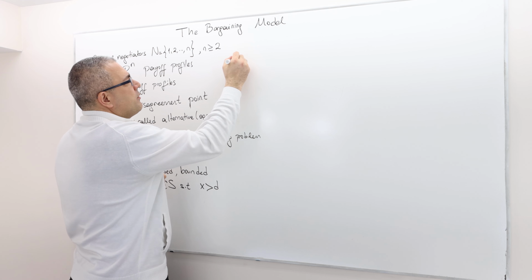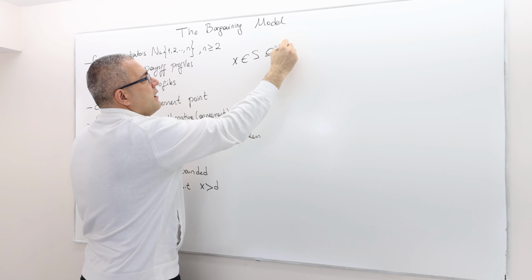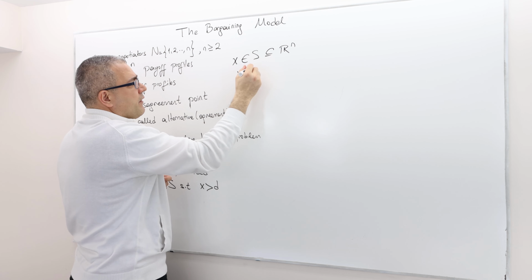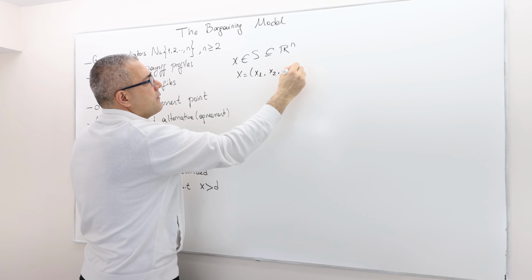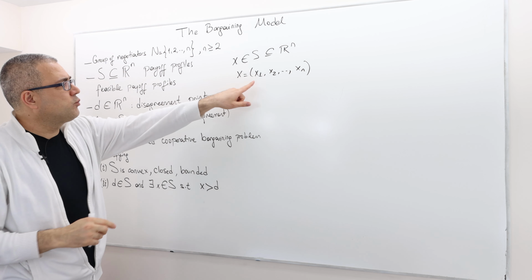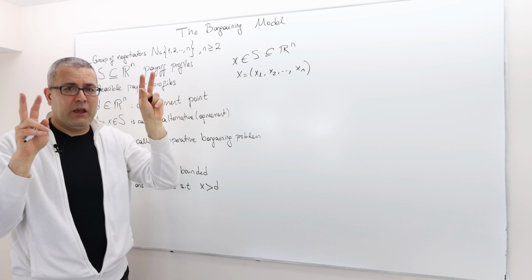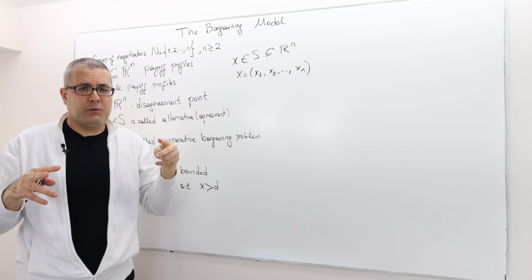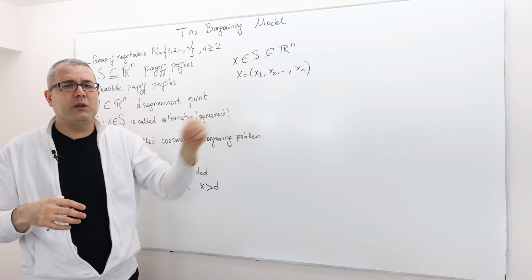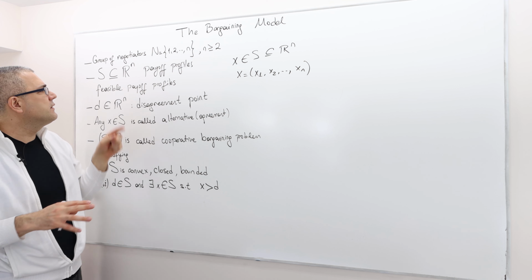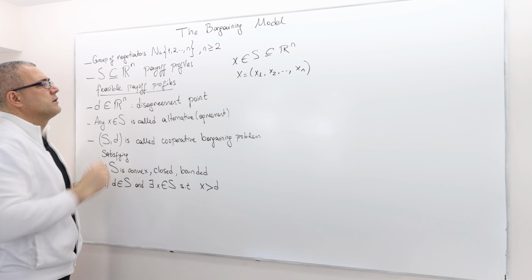So if, for example, x is in S, which is a subset of Rn, well, that basically means x is a vector. It has how many? N many components, all right? And so x1 corresponds to the payoff of player 1, x2 corresponds to the payoff of player 2, xn corresponds to the payoff of player n, etc. Or utility of player 1, utility of player 2, etc. All right, so these are feasible payoff profiles, all right?